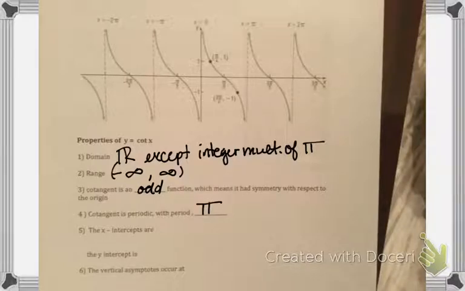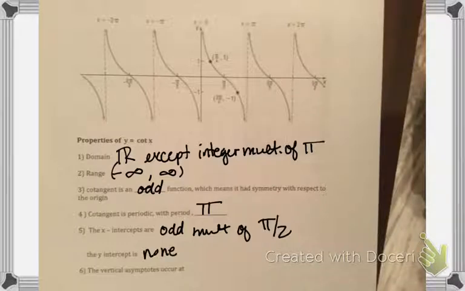The x-intercepts are at odd multiples of pi over 2. And the y-intercept, there isn't one, so there's none. And the vertical asymptotes occur at integer multiples of pi. Okay. All right, so we got cotangent and tangent done.